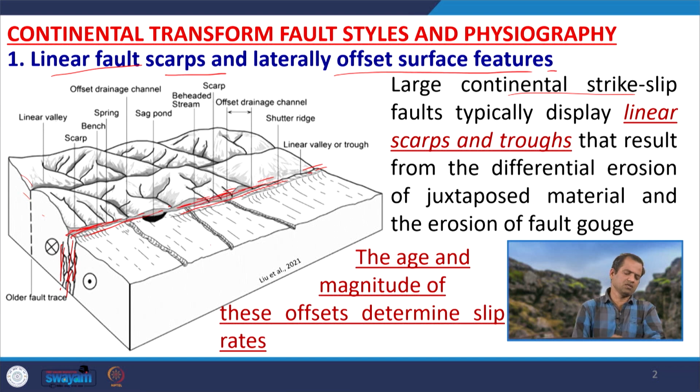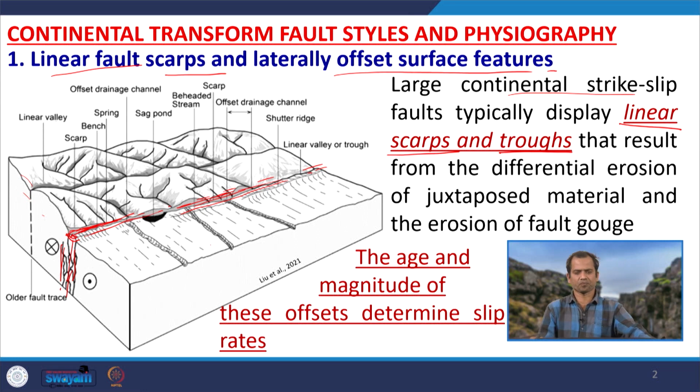By erosion this part will be removed, and once it is removed, a natural trough develops. That is why it is defined by linear scarps and troughs that result from differential erosion of juxtaposed material and the erosion of fault gouge that we have already discussed.